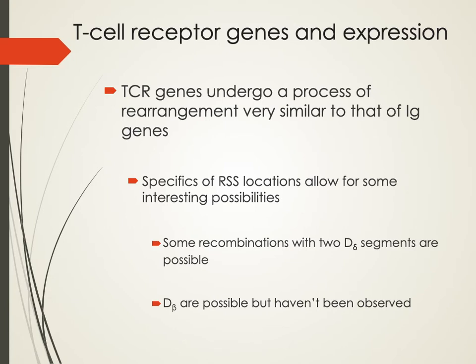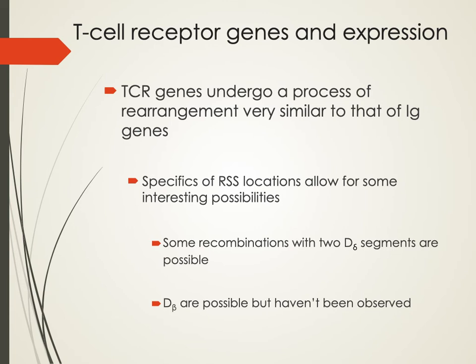So again, the process is similar to what we saw for the B cell receptor, that there are going to be these recognition signal sequences, RSSs, that allow for identification of where the gene segment is, so that the gene segment isn't accidentally nicked out, so that we can get recombination with these different segments.